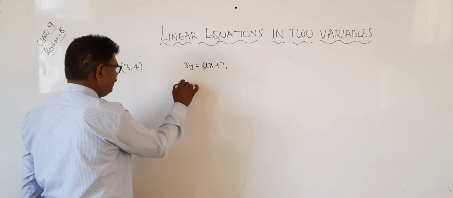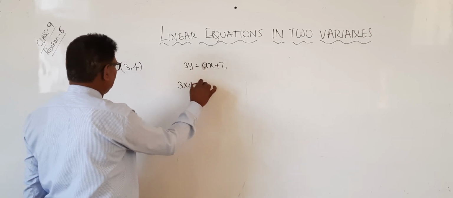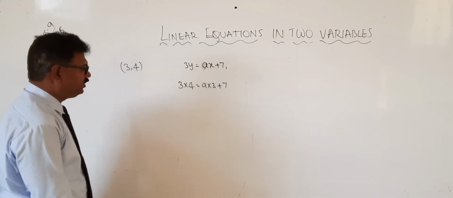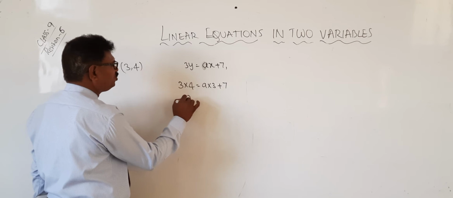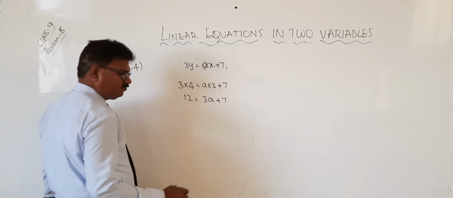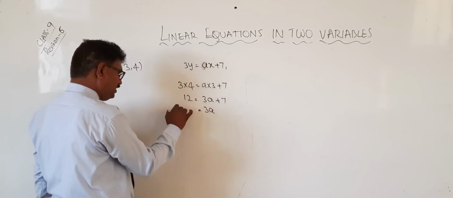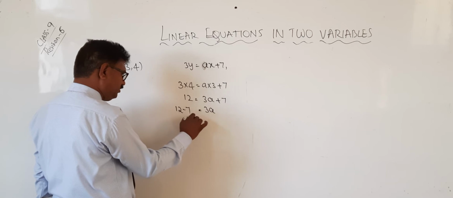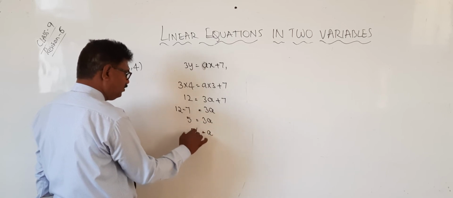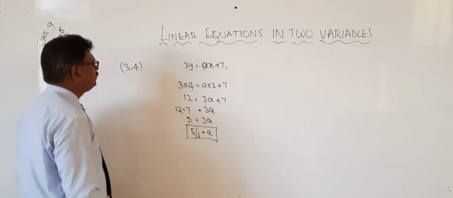Here 3 into y is nothing but 4, a into 3 plus 7. Now 3 fours are 12, equals 3a plus 7. So 3a equal to 12 minus 7, that is 5, equal to 3a. Therefore, a equal to 5 by 3, like this.